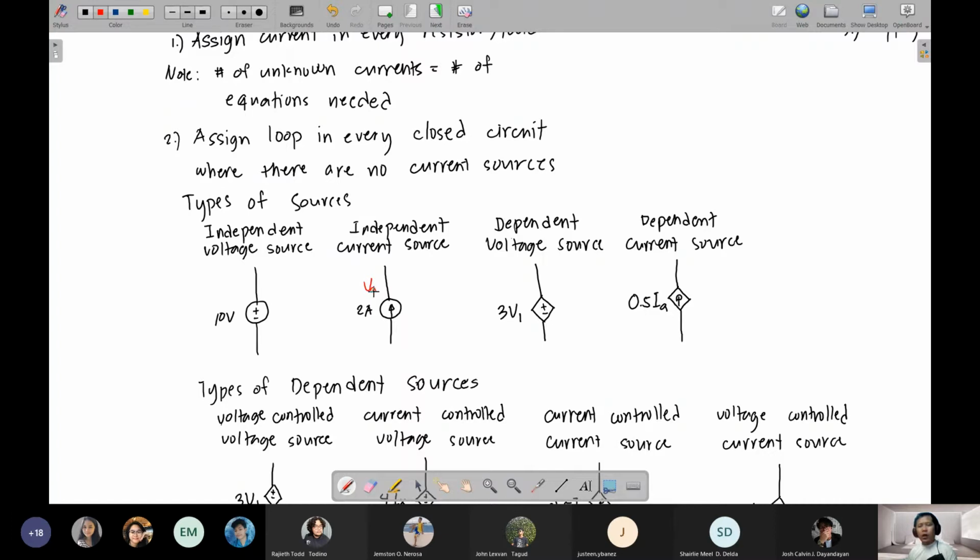Now, what is the disadvantage of this one? The disadvantage is that this is another unknown variable. With an additional unknown variable, again, you have to add more equations. You cannot have 3 unknowns but only 2 equations. You cannot solve that.